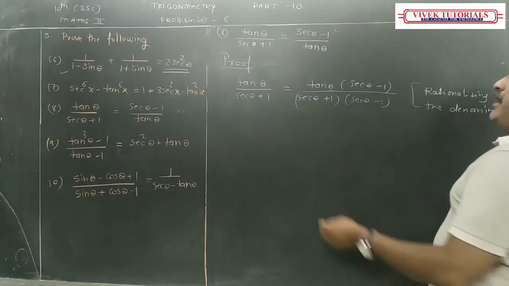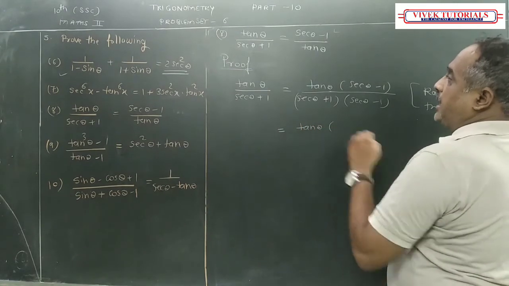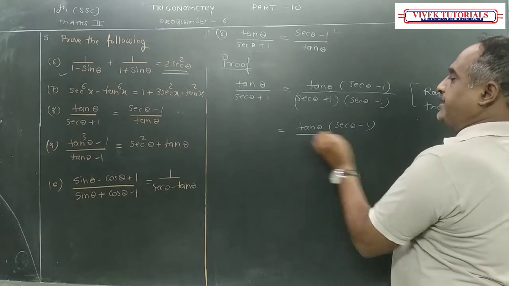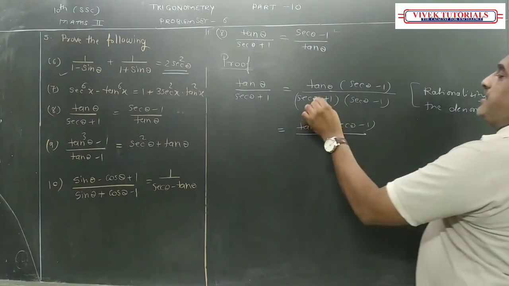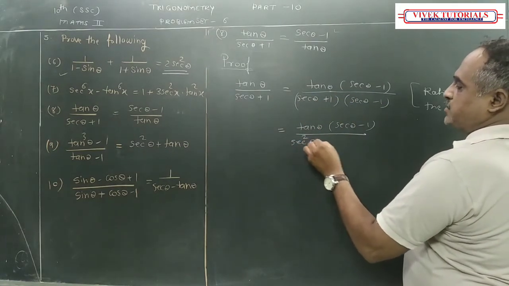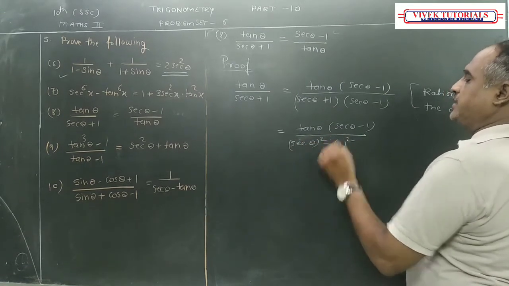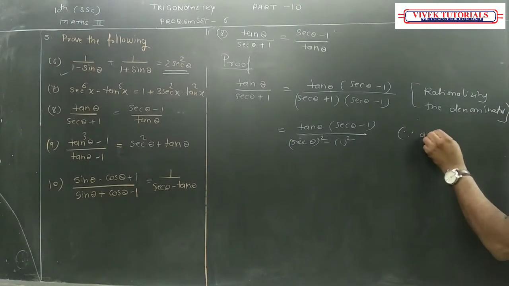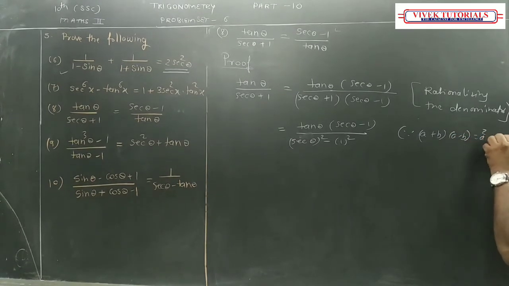So what we are getting now? We are getting tan theta into sec theta minus 1, and sec theta plus 1 into sec theta minus 1 will become sec theta the whole square minus 1 square. If you want, you can write a plus b into a minus b is equal to a square minus b square.